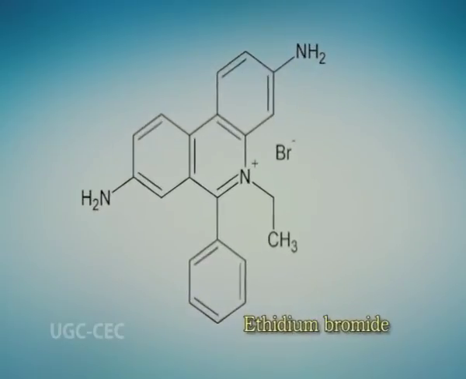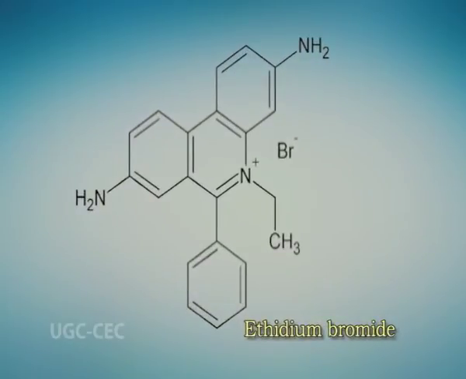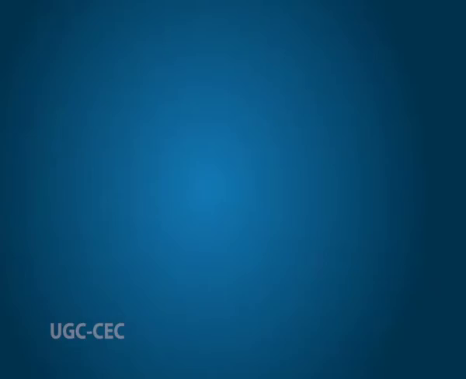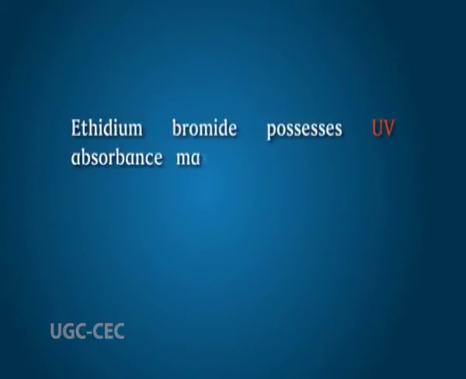The most commonly used stain for detecting DNA or RNA is ethidium bromide. Ethidium bromide is a DNA intercalator, inserting itself into the spaces between the base pairs of the double helix. Ethidium bromide possesses UV absorbance maxima at 300 to 360 nanometers.